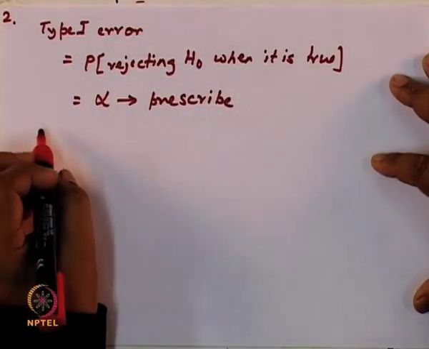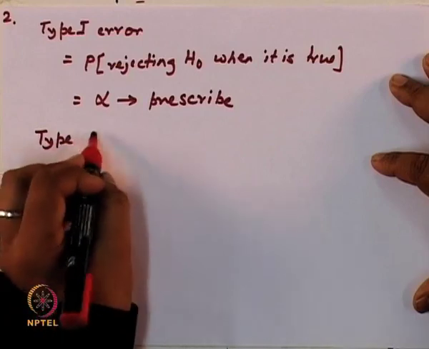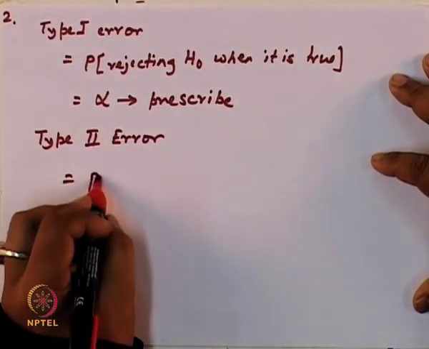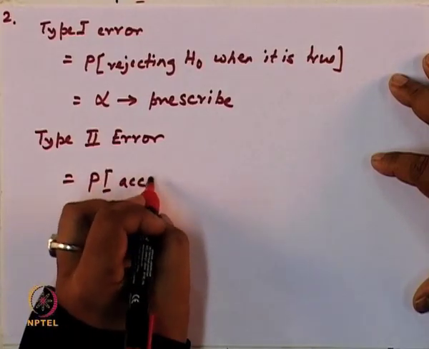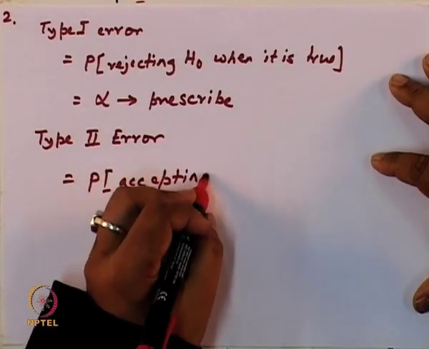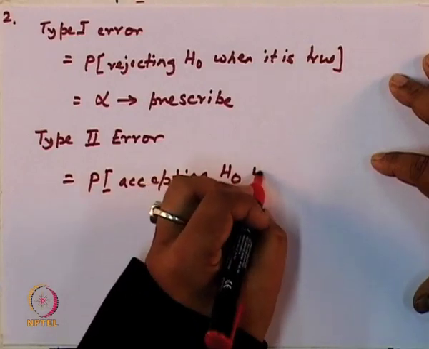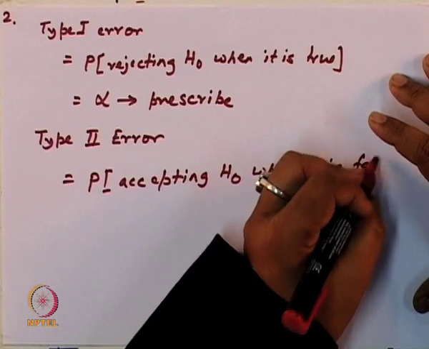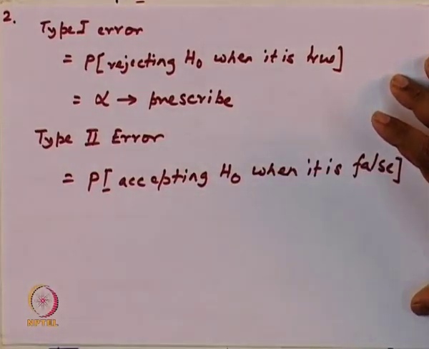However, you can have another type of error, or type 2 error, which is the probability of accepting H naught when it is false.